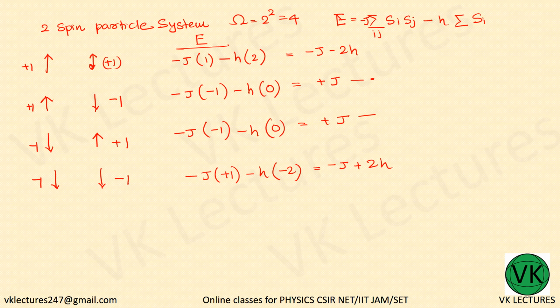Now let us write down the partition function Z equal to the sum of e to the power minus beta Es. Es is minus J minus 2H, so e to the power minus beta into minus J minus 2H, plus 2 times e to the power minus beta into J, because the two states have energy J, plus e to the power minus beta into minus J plus 2H.